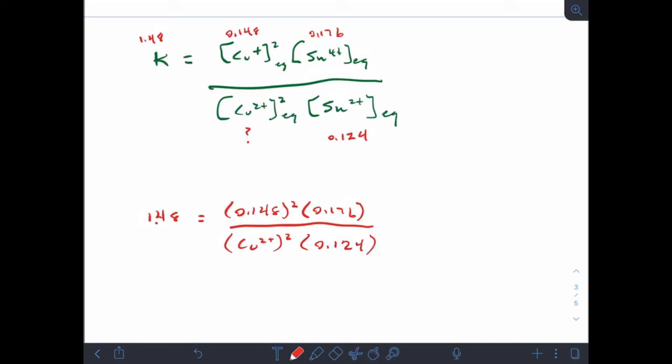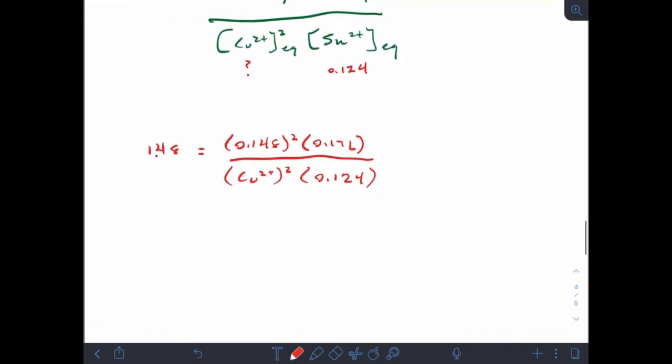All right, so we rearrange and solve, and we get to a point where we'll see the copper 2+ at equilibrium equals the square root of 0.0210, 0.145 molar.